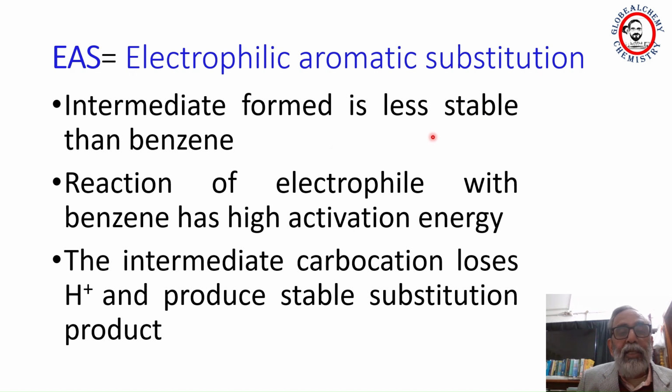The intermediate formed is less stable than benzene because it is non-aromatic. So the intermediate, that is carbocation, is less stable than the benzene, and reaction of electrophile with benzene has high activation energy, and the intermediate carbocation loses hydrogen ion and produces a stable substitution product.